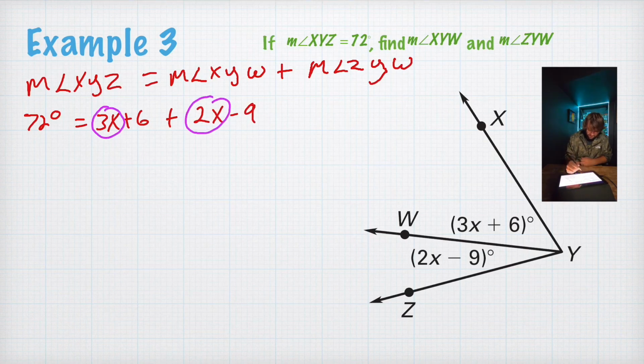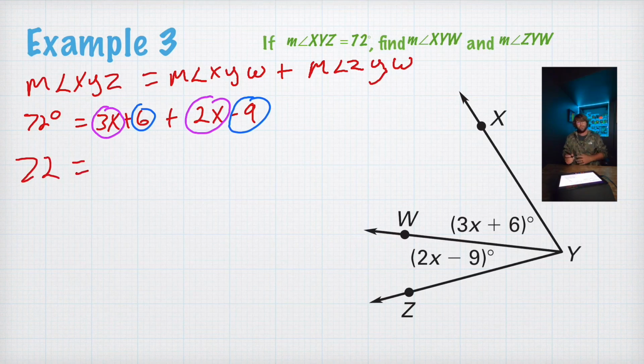We have x values and we have our whole numbers, okay? So we're going to put 72 equals 3x plus 2x, which is going to give us 5x, plus, sorry, I'm jumping to conclusions. 6 plus negative 9 is going to give you negative 3.